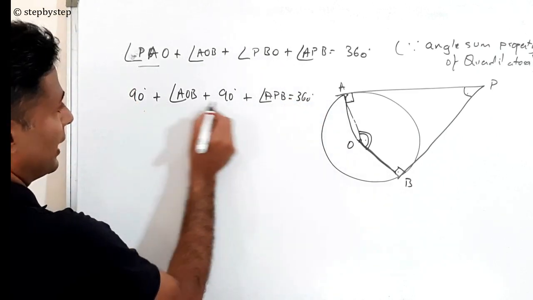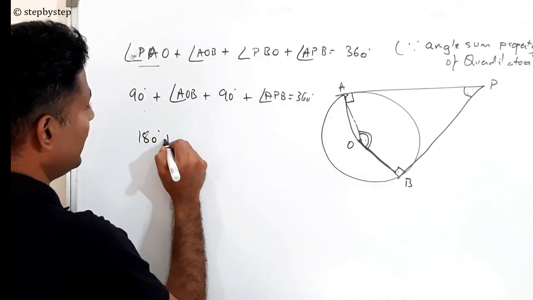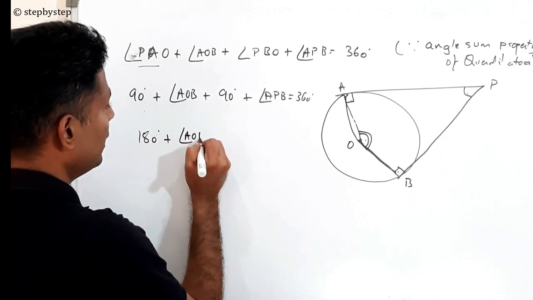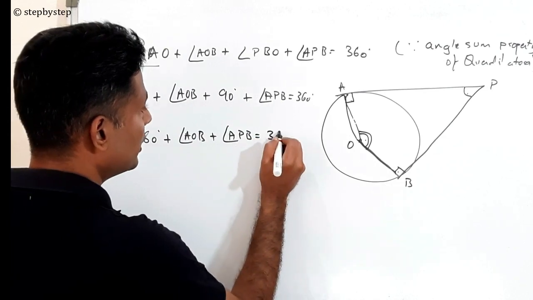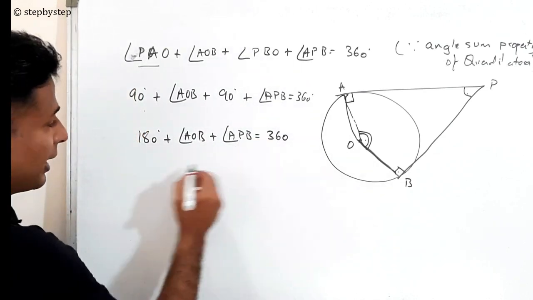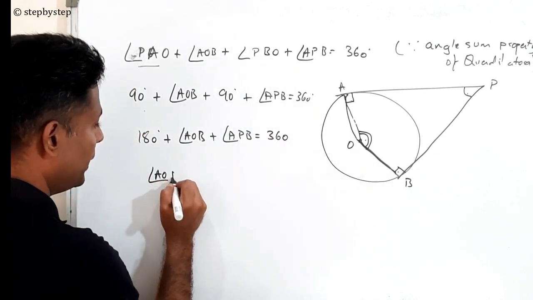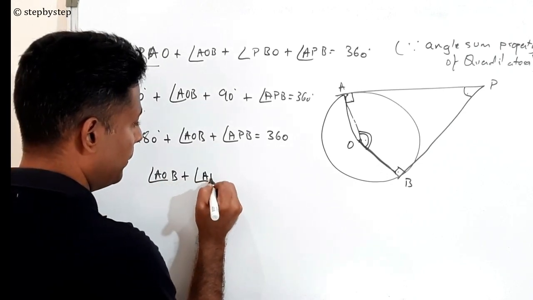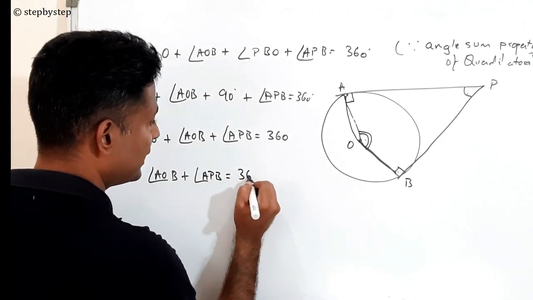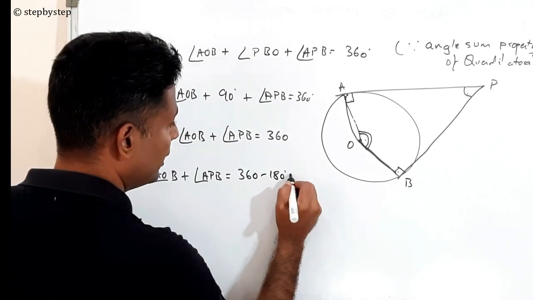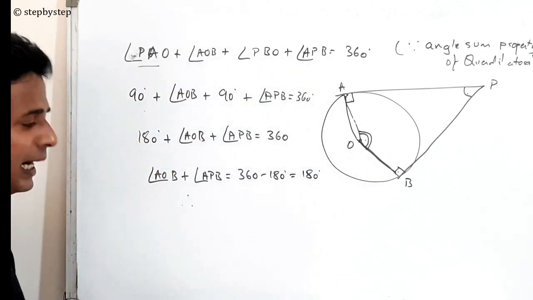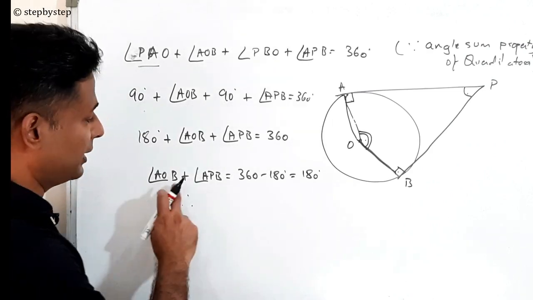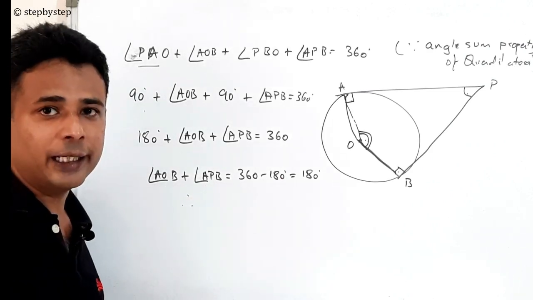So now we have 90 plus 90, 180 degrees, plus angle AOB plus angle APB equal to 360 degrees. Now when I transpose, what do I get? AOB plus APB equal to 360 minus 180 degrees, which is equal to 180 degrees. Therefore, AOB and APB are supplementary. The sum of the two angles will be 180 degrees.